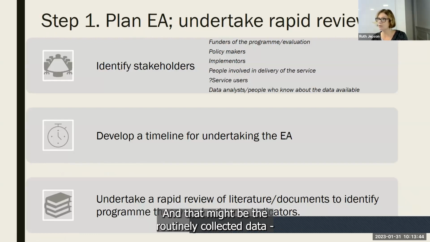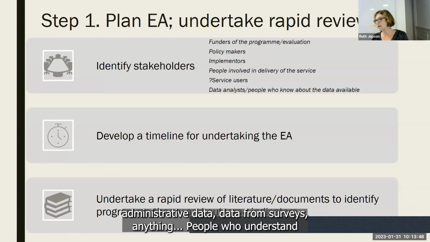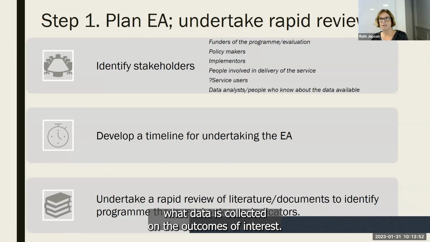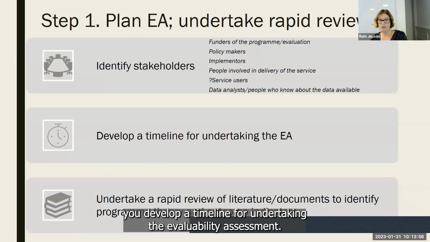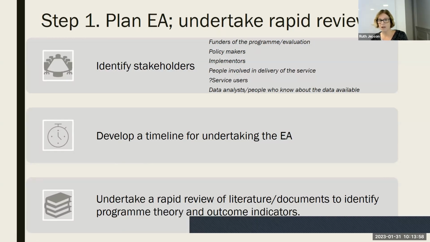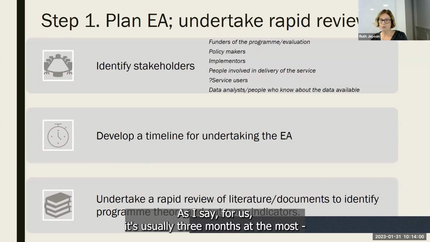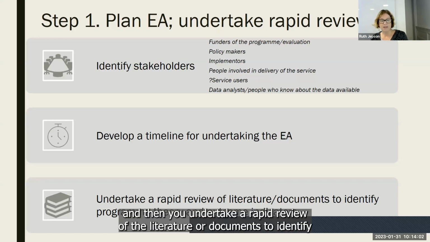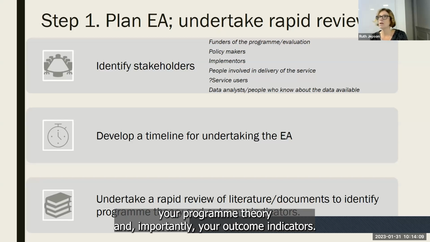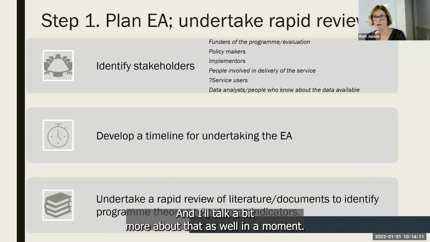That might be routinely collected data, administrative data, data from surveys, anything; people that understand what data is collected on the outcomes of interest. You develop a timeline for undertaking the evaluability assessment. As I say, for us, it's usually 3 months at the most. And then you undertake a rapid review of the literature or documents to identify your program theory and, importantly, your outcome indicators. And I'll talk a bit more about that in a moment as well.